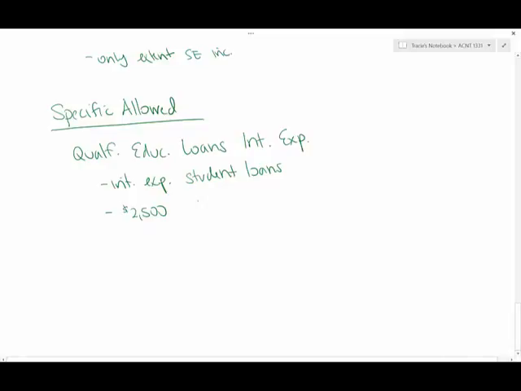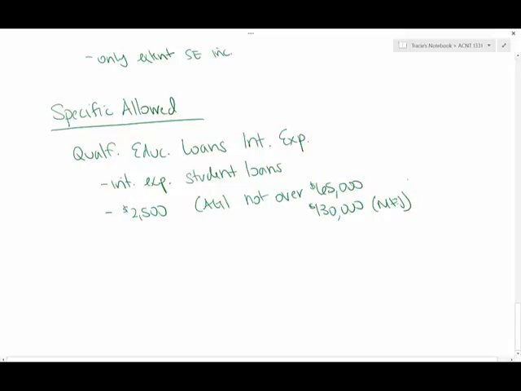But we have an adjusted gross income limitation, and that is the $2,500 is allowed if you are not over $65,000 if you're not married, and if you're married, the amount is $130,000.